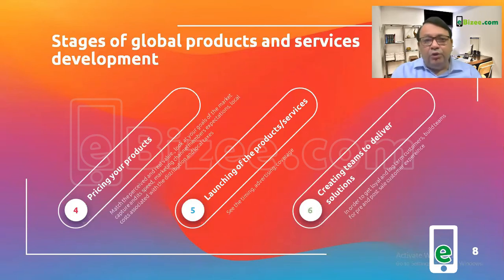And you also look at your business goals, how fast you want to capture the market. Suppose you want to capture the market very fast, probably you would start with lower prices, lower profits. And your goal is to capture a very large market, so you are looking at volume sales. There also you will keep low margins. So accordingly, you have to price your product.